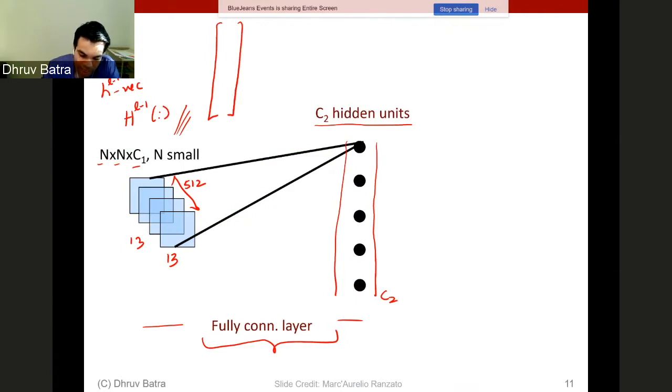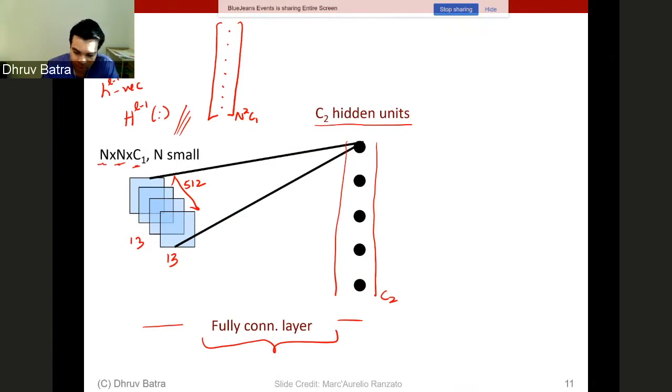And the size of this is going to be n square C1. That's the size of this vector. It's clear why it's n square C1 because I'm just elongating a tensor. So there are n square C1 entries in this tensor, and I'm just converting that into a vector.